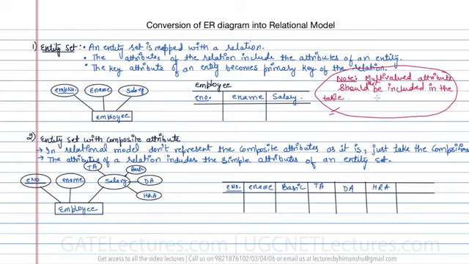We will be dealing with the multi-valued attribute at a later point of time. So right now just assume that we have composite attributes, meaning attributes which can be broken further. For example, you can see the salary can be broken into TA, basic, DA, HRA, etc. And this salary is representing a composite attribute.